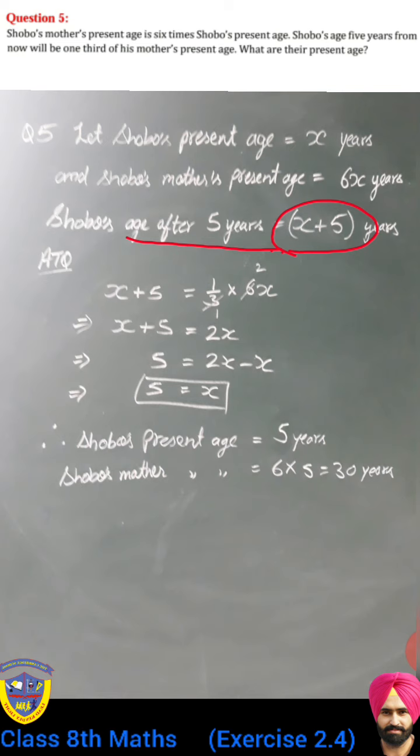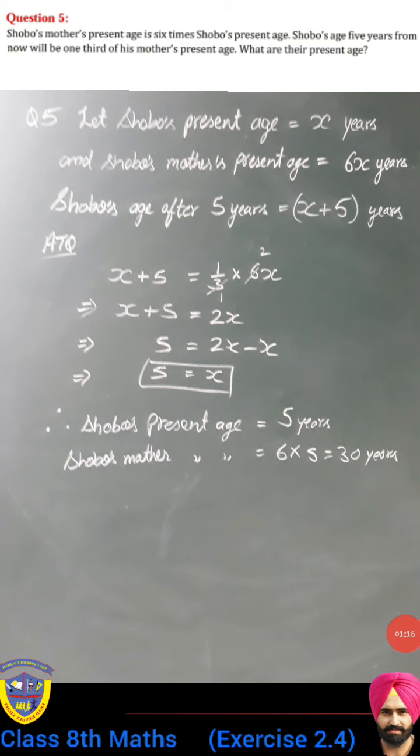Now according to the question, they are saying the age of Shubho after 5 years. What is the age of Shubho after 5 years? It is x plus 5. x plus 5 is equal to 1/3 of the mother's present age, means 1/3 of 6x.